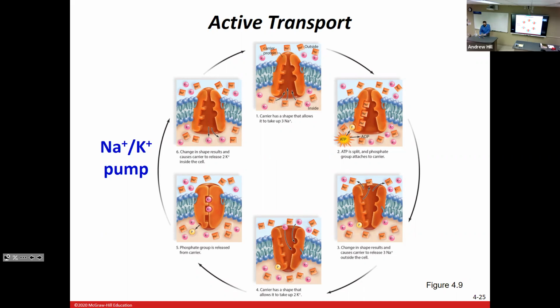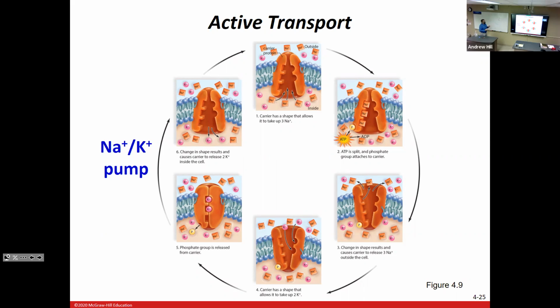So what I'm going to draw here is a picture of a cell in your body. I'm not going to draw all the details they have here. I'm just going to draw the pump, which is essentially a protein sitting in your plasma membrane. It's going to pump potassium into your cells, okay?